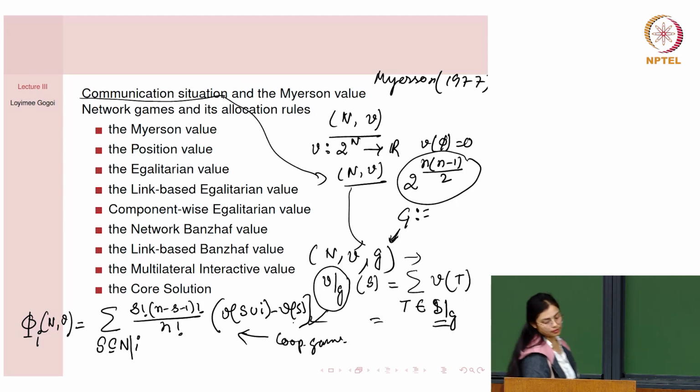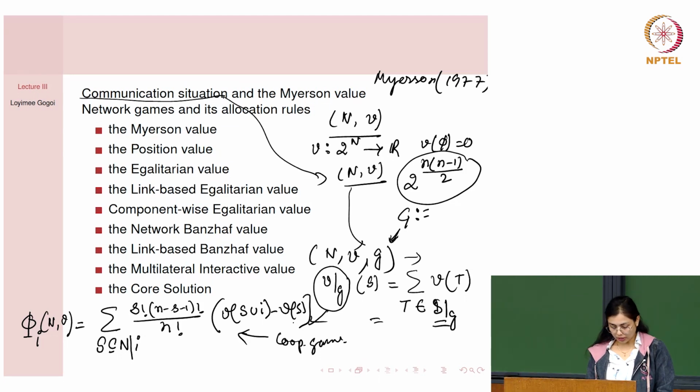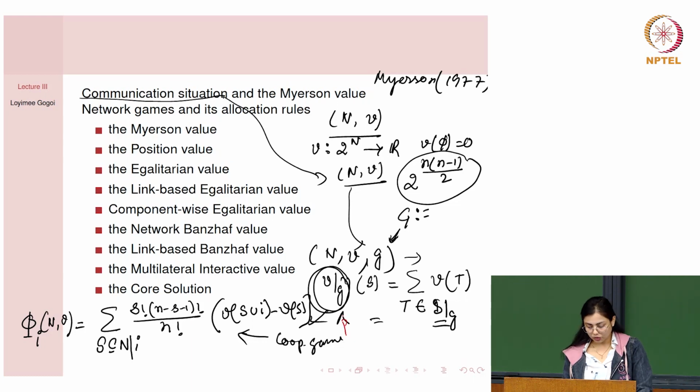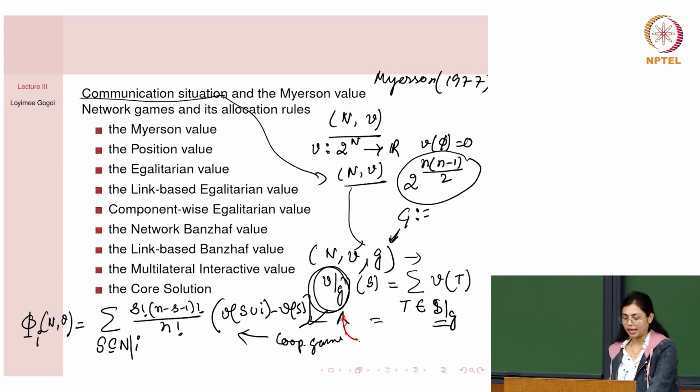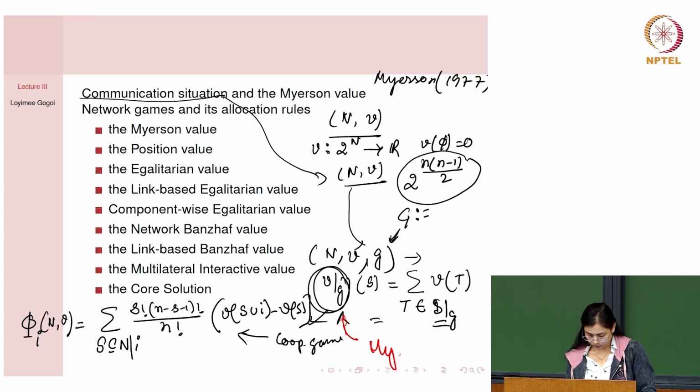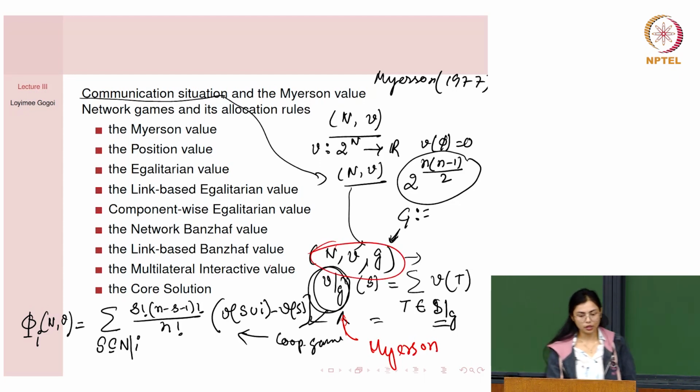So this is how we define the Shapley value. The Shapley value defined for this game is what we call the Myerson value for the communication situation associated with a graph G.